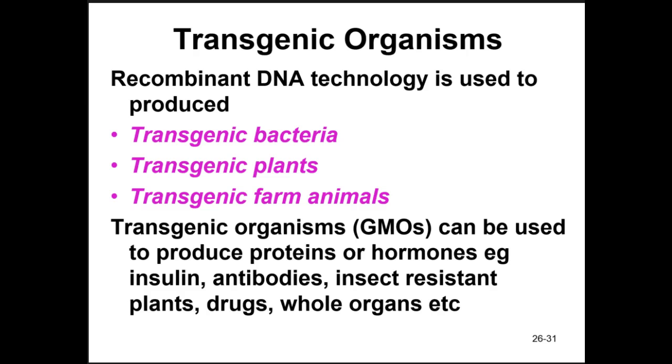Recombinant DNA technology is used to produce transgenic bacteria, transgenic plants, and transgenic farm animals. Transgenic organisms, often called GMOs, can be used to produce proteins or hormones such as insulin, antibodies, insect-resistant plants, drugs, whole organs, etc.